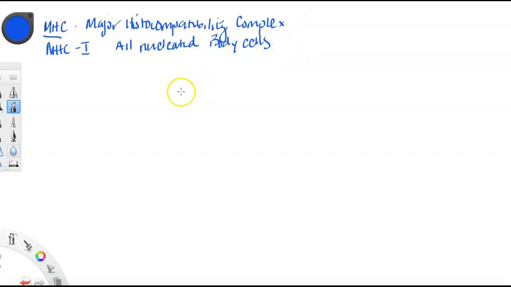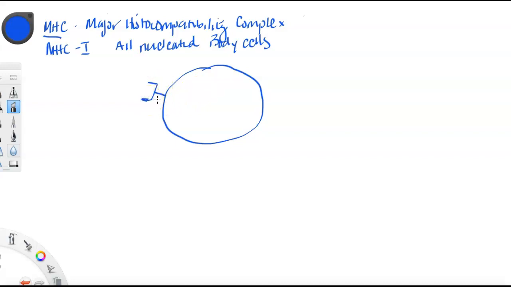Okay? So they're built within the cell. Okay, so if we have our little cell here, all right, and they are made in the cell in the endoplasmic reticulum.